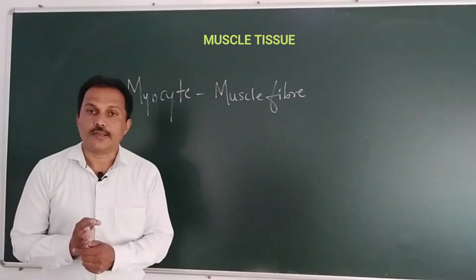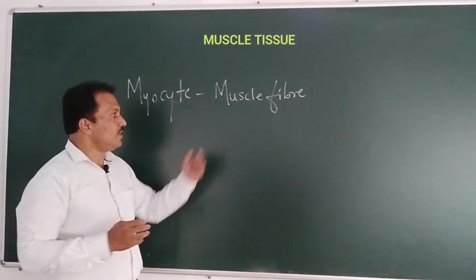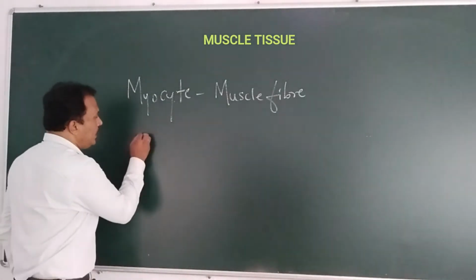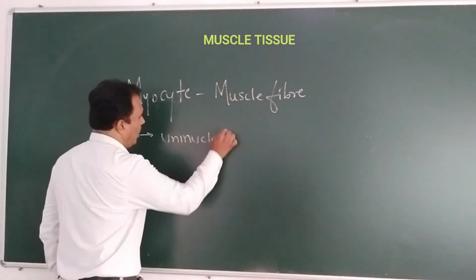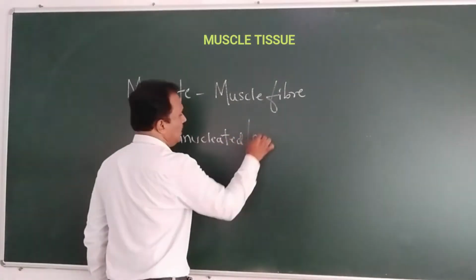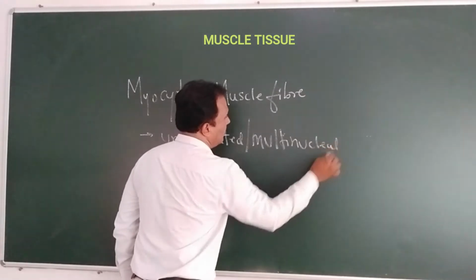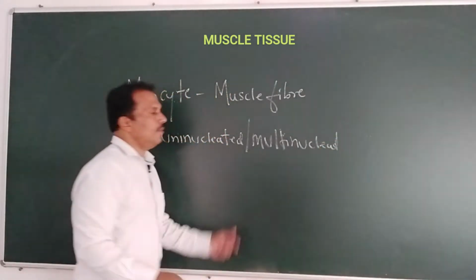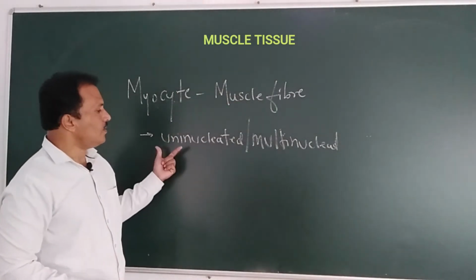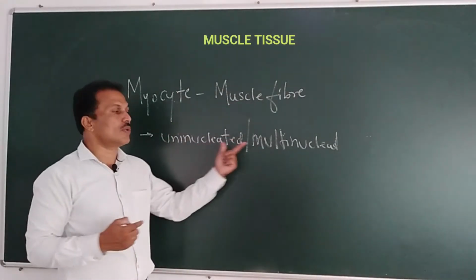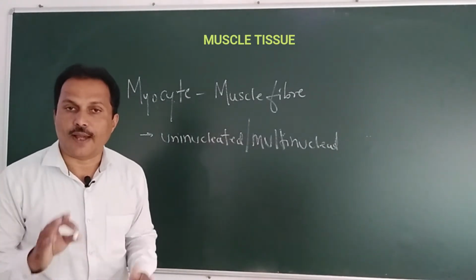This myocyte, or muscle fiber, is either a uninucleated or a multinucleated structure. What does it mean? The cell forming muscle tissue has either one nucleus or more than one nucleus.